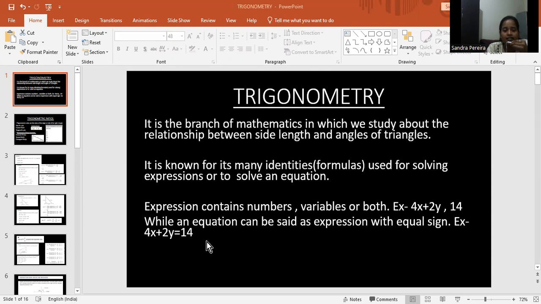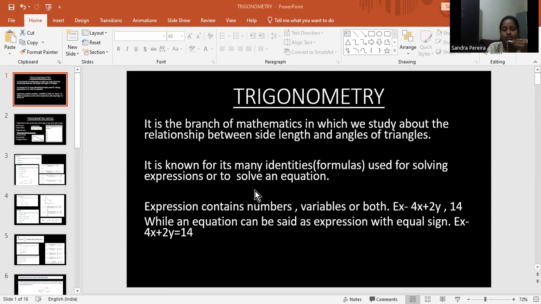On the other hand, an equation contains an equal sign. If there is no equal sign, that means it is an expression, and if an equal sign is there, this is an equation. So this is the simple difference I have given you here for understanding.